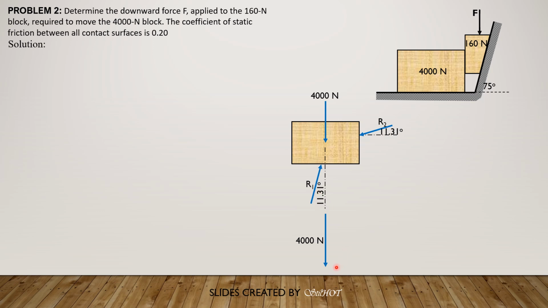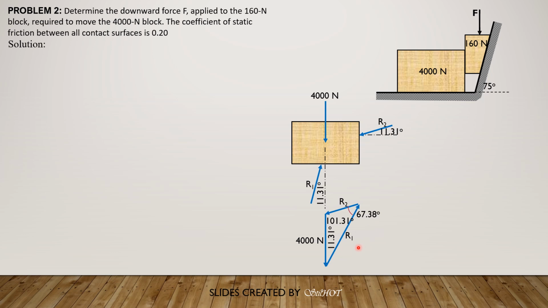Next is R1, which makes 11.31 degrees with the vertical. And finally, R2, which makes an angle of 90 plus 11.31 degrees, so 101.31 degrees with the vertical. And so the remaining angle is 180 degrees minus 101.31 degrees minus 11.31 degrees. That would be 67.38 degrees.